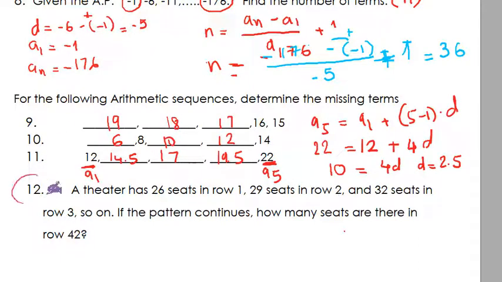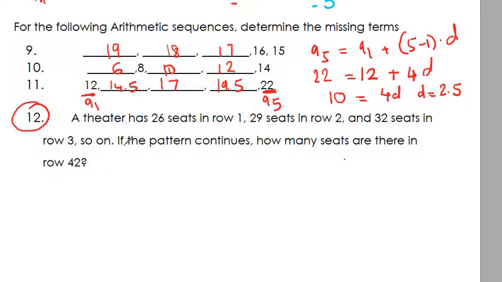Okay, the last one, number 12. Now this is the word problem, right? A theater has 26 seats in the first row, 29 seats in the second row, 32 seats in the third, and so on.